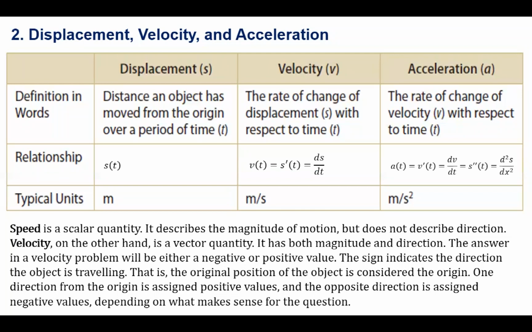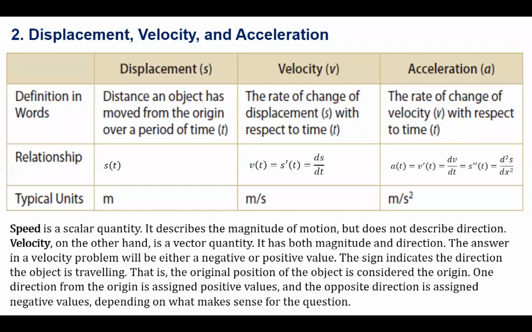Understand? Typical unit for displacement is meters. Typical unit for velocity is meters per second. For acceleration, this is meters per square second.